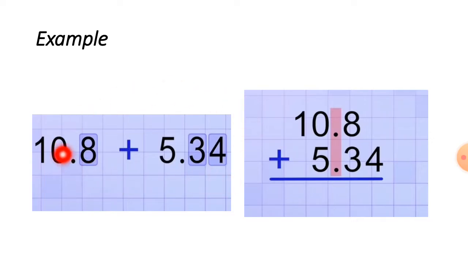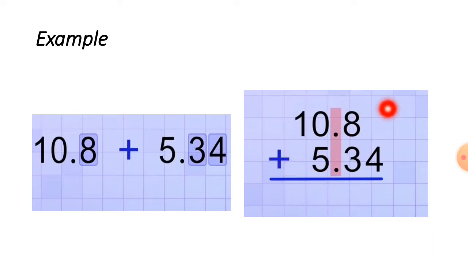How to write this question for the addition? See in the slide, 10.8 and 5.34, with both decimal points in the same place. But one problem is there: there are missing places on top of the 4 and in the bottom of the 1.